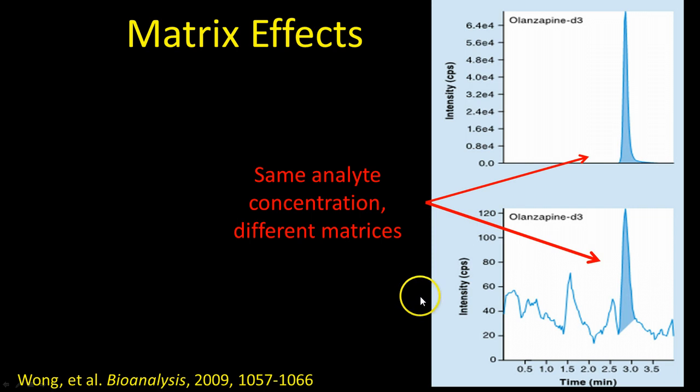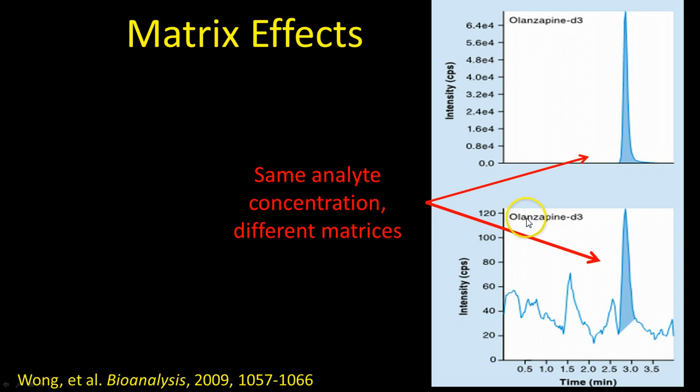They broke up some cells, and the contents of those cells actually influenced the detector response. The maximum response here is around 120 intensity, an arbitrary unit, whereas the neat signal in a really uncomplicated matrix is around 64,000. So a pretty huge effect can happen, and this can really influence your data.